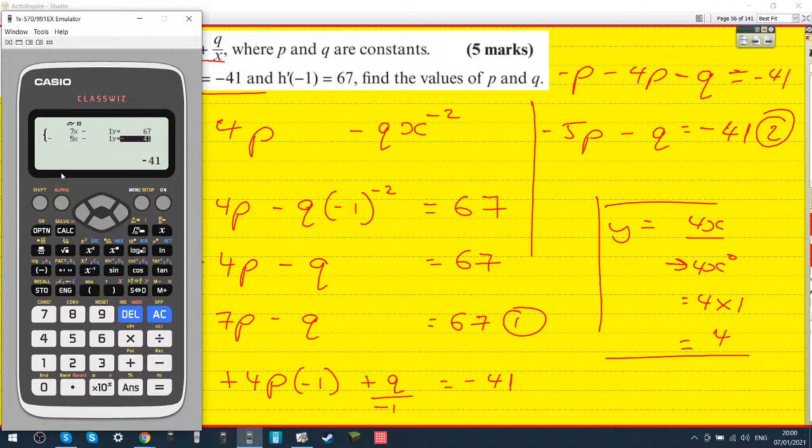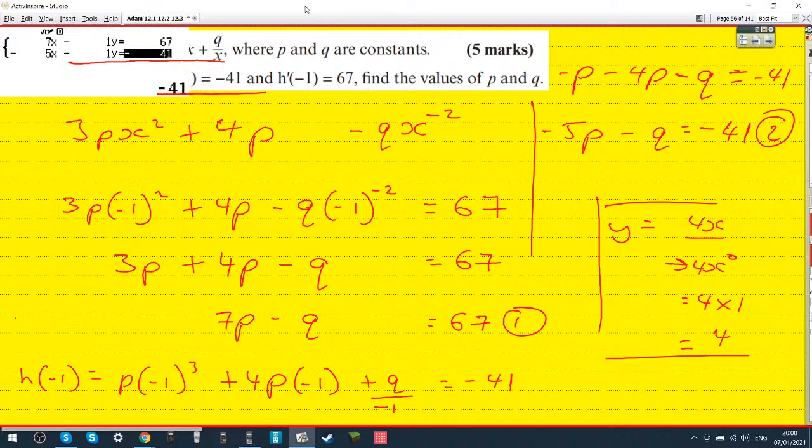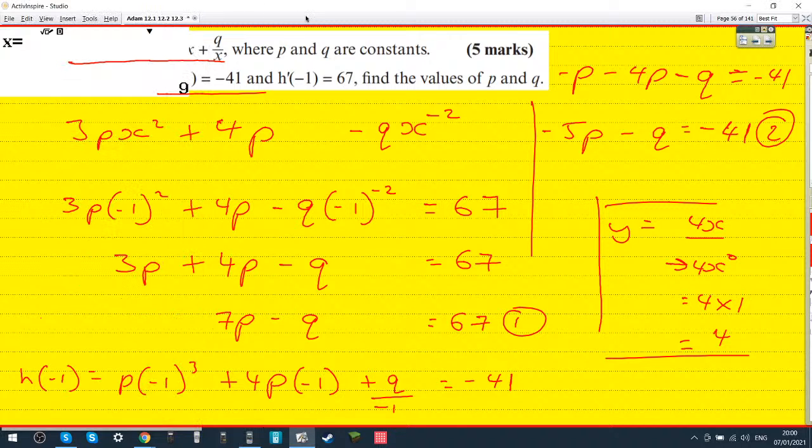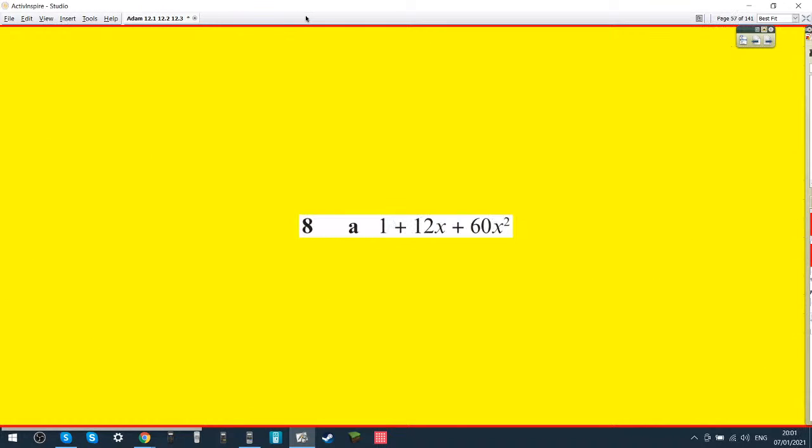I got x is 9 and y is minus 4. And so p is 9 and q is minus 4? Yeah. Looks good to me.